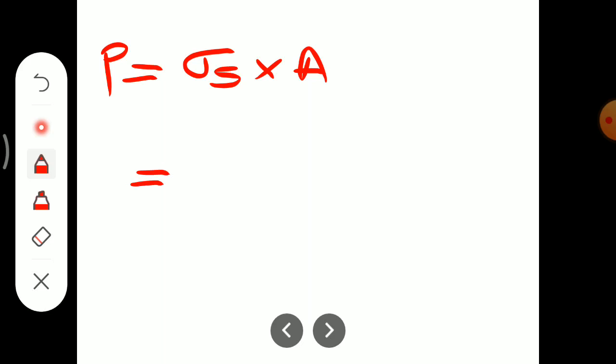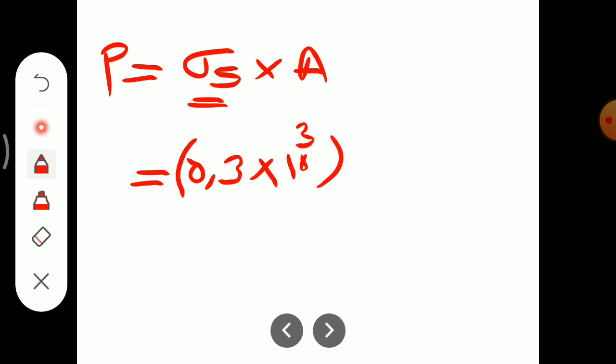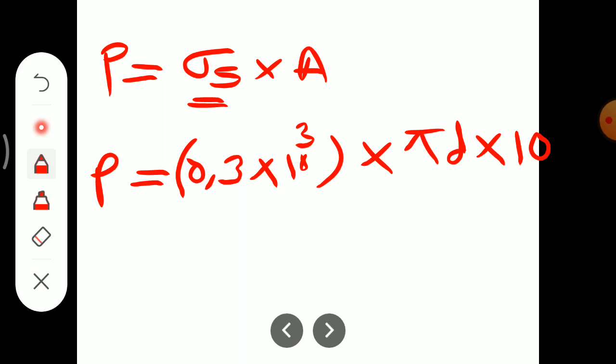Now the shear stress is equal to 0.3 into 10 to the power 3. This is sigma S, which is given to us, multiplied by area, pi into d into thickness, and we know that thickness of material is 10 mm, yet P. Okay, now we have to calculate, and the unknown term here is d.